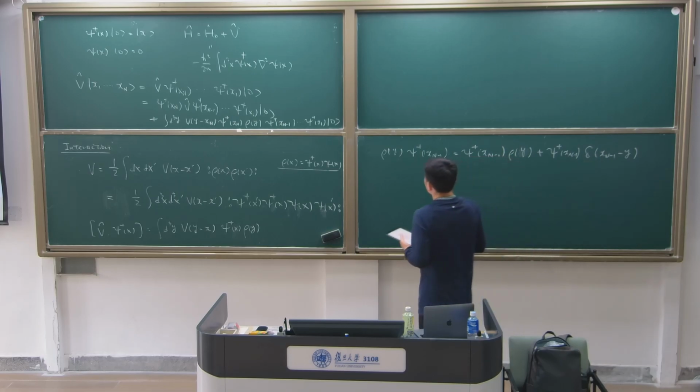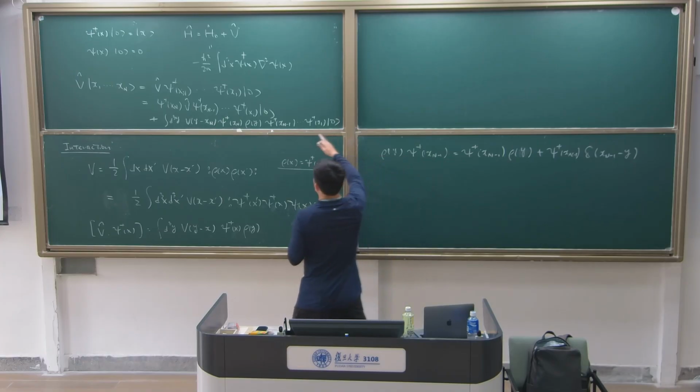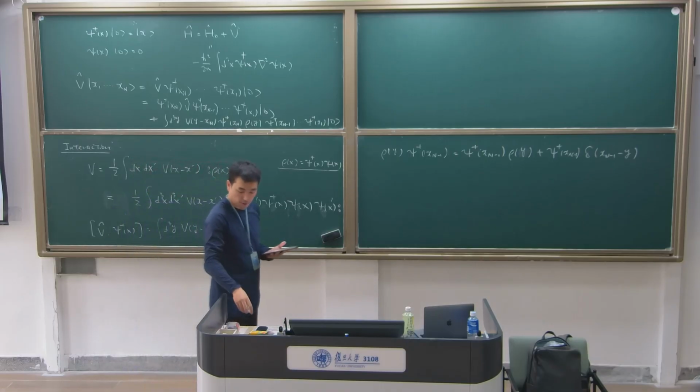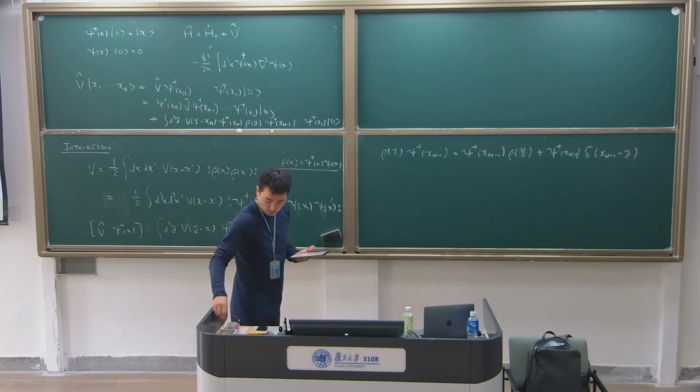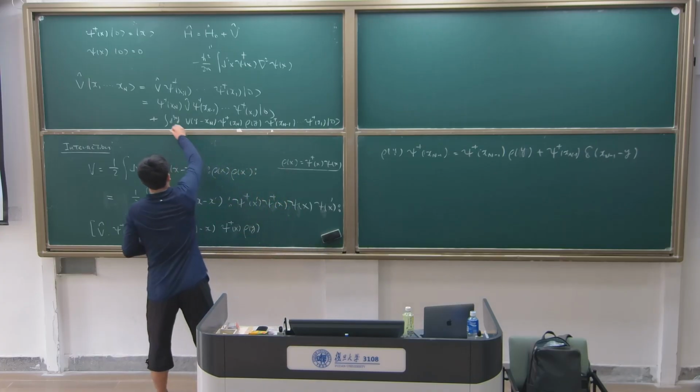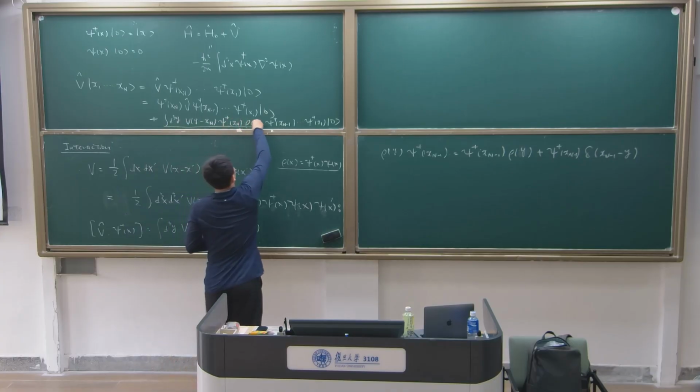Okay. So if you apply this one to here, what you get is just the influence. You write down this part, the yellow part.